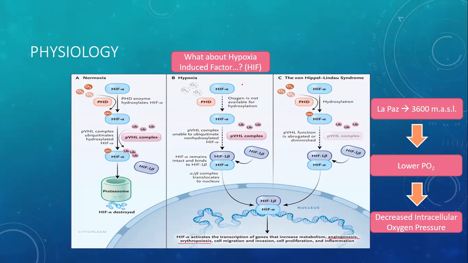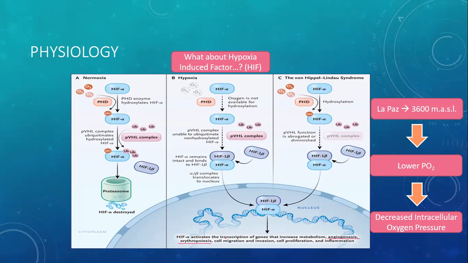When there is hypoxia, this whole molecule is formed by the binding of these subunits, and the HIF alpha goes inside the nucleus to the gene that is, I think, in chromosome number 7, the erythropoietin gene, and activates this gene. What is the result? The production of this hormone, erythropoietin.